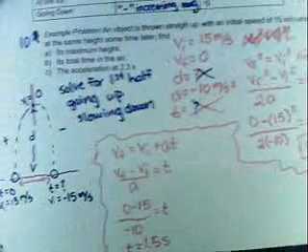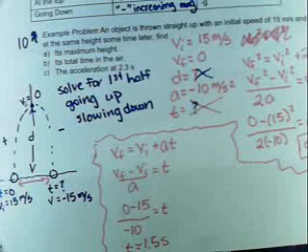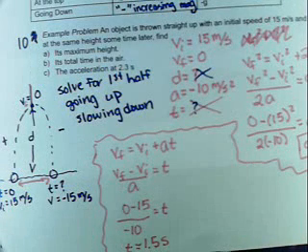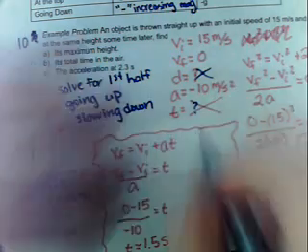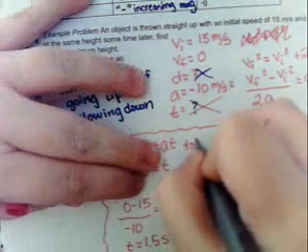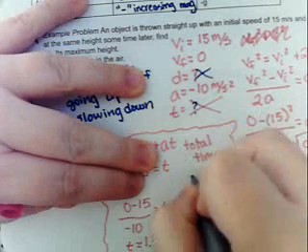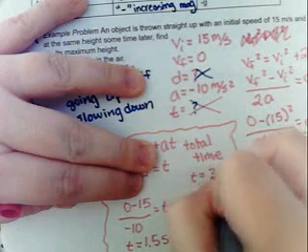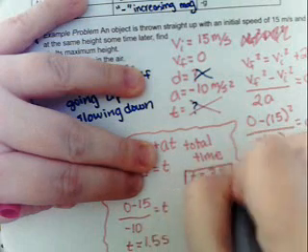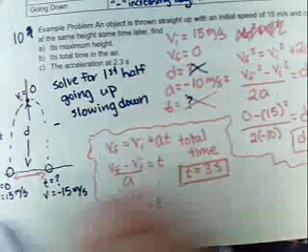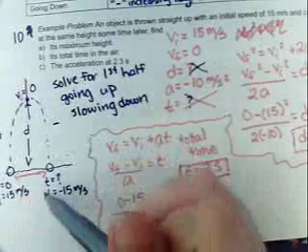We found the time it would take to reach the top. Is that what it asked us for? No, it asked us for the total time, but it's symmetrical. So the total time would just be T equals 3 seconds, 1.5 seconds to reach the top, 1.5 seconds to fall back down.